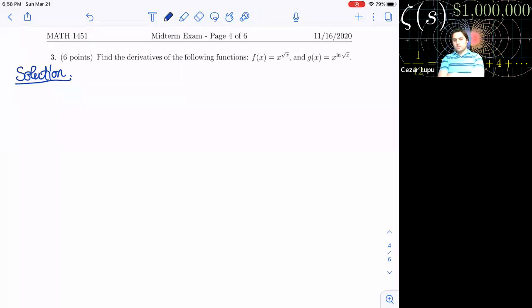Power rule, use chain rule. Natural log, exactly. So maybe we should use natural log. We see we have a power to another function, so maybe we can use the logarithmic rule.